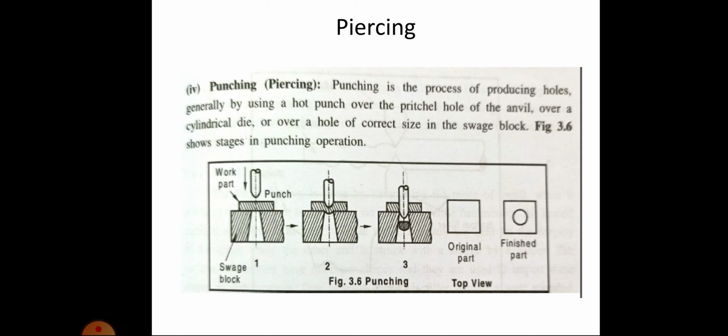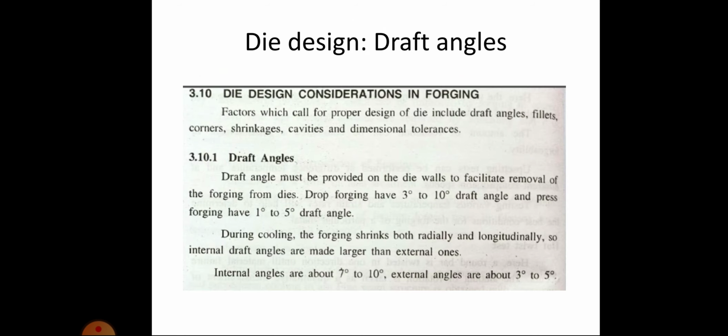But piercing means the punch will extrude the workpiece to a longer length, and actually there will be no hole produced in the piercing process. Okay, there is a difference between a punching and a piercing process.